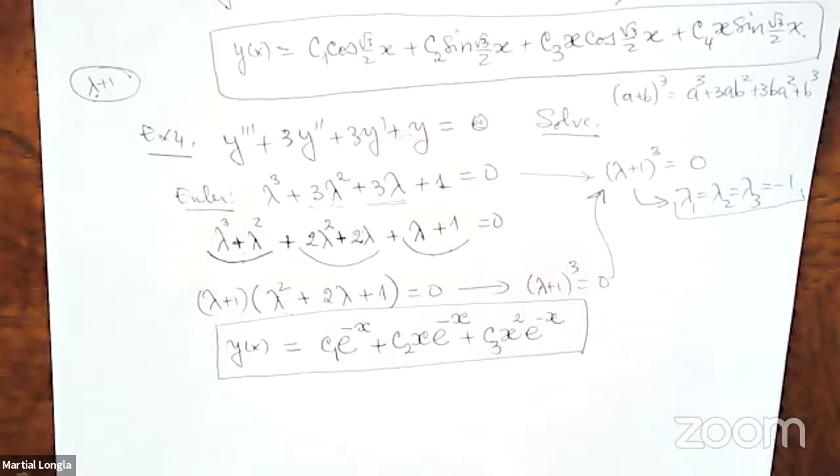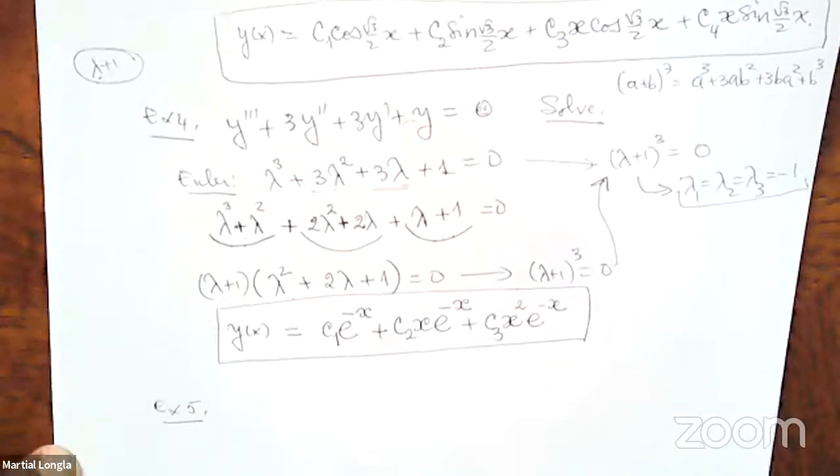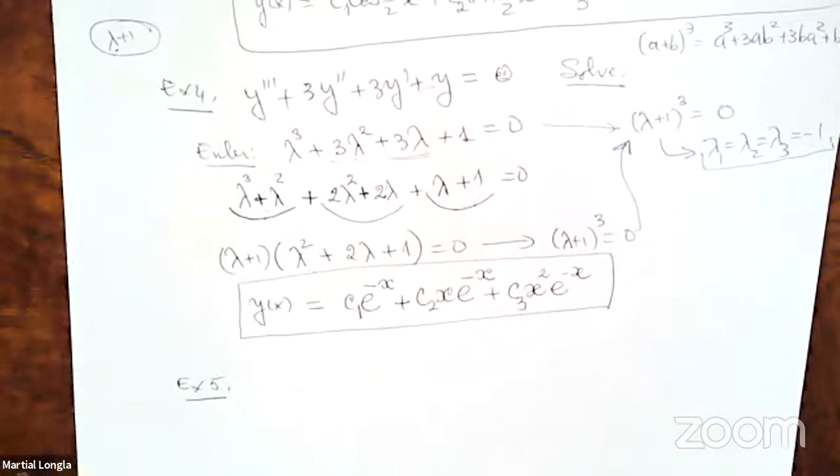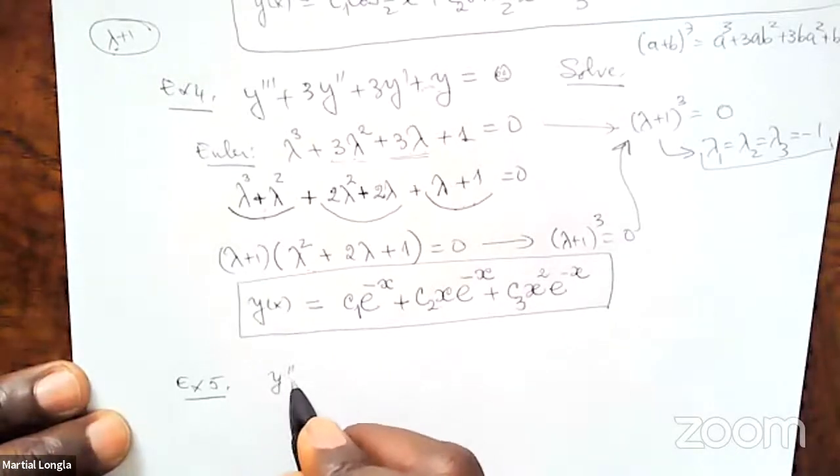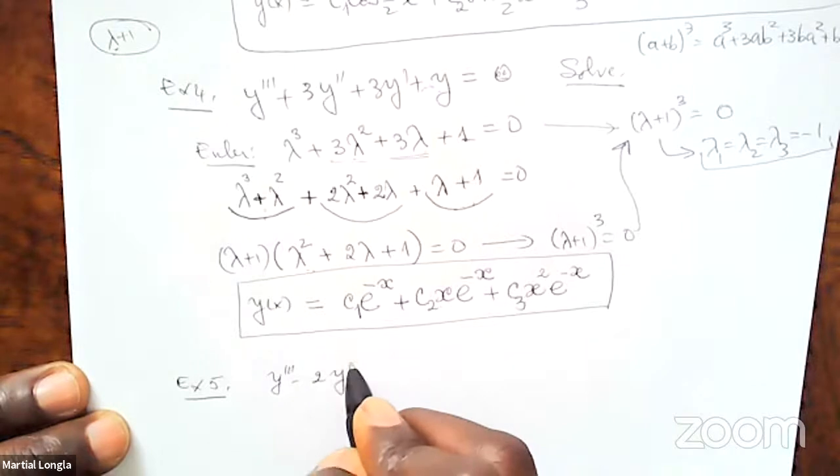All right, next example. And I'm gonna let you guys do this one. Let's say we have third derivative minus twice the second derivative.